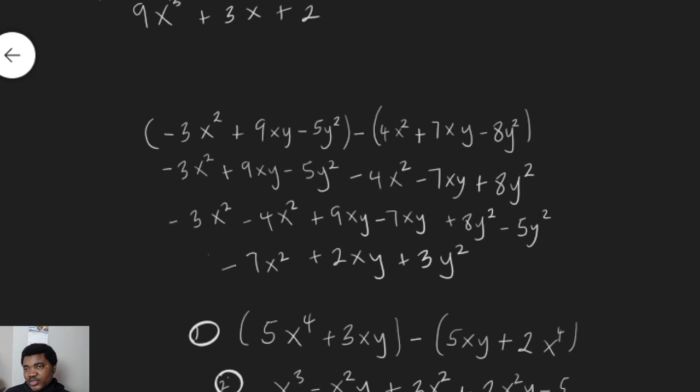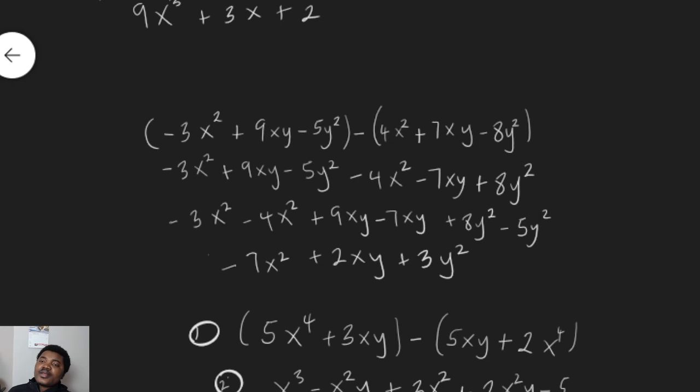But if you come here, you need to distribute the negative to everything in the second parenthesis. So negative 1 times 4x squared is going to give us negative 4x squared. Negative 1 times 7xy will give us negative 7xy.